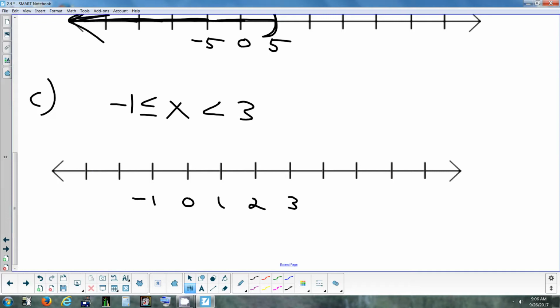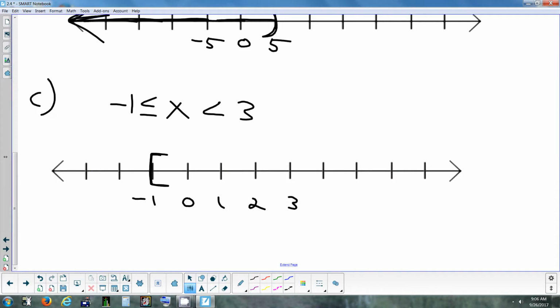Can anyone explain why it's a bracket and not a parenthesis? Yep, Julie. Because it's equal to or less than, yeah, it's got the equal to symbol. So anytime you have that, we have to use a bracket. I didn't ask which way, but this is a between, so they have to face each other.